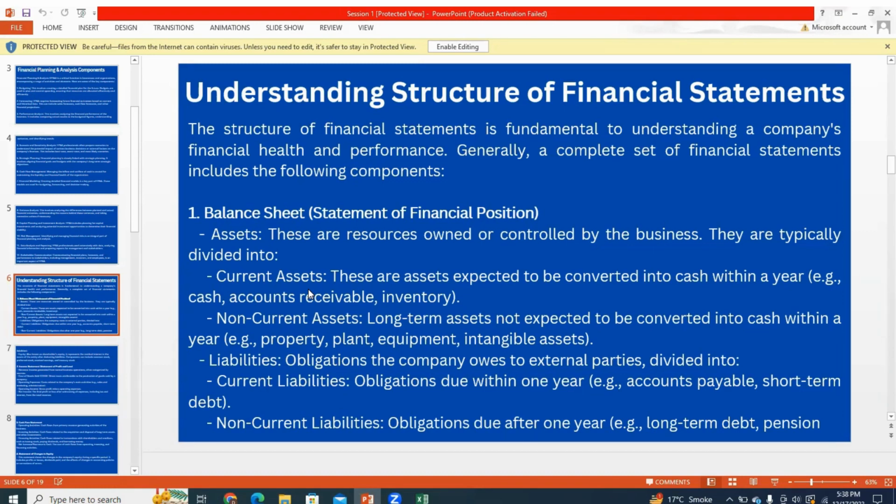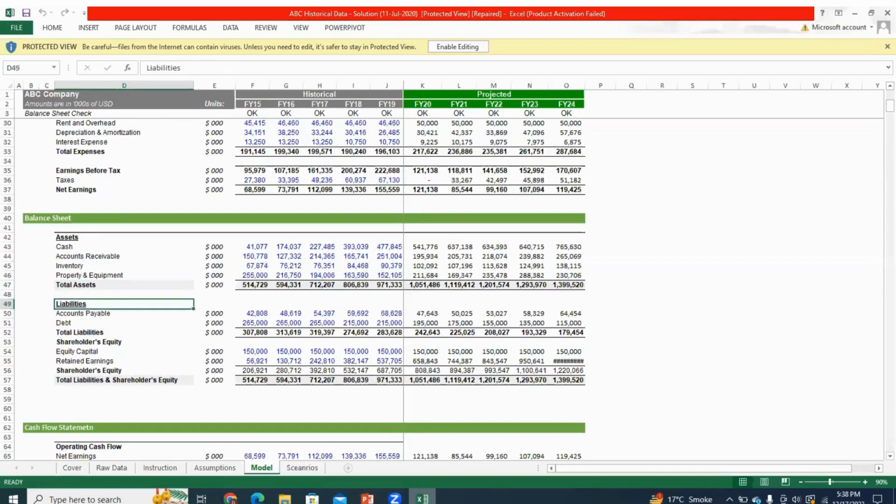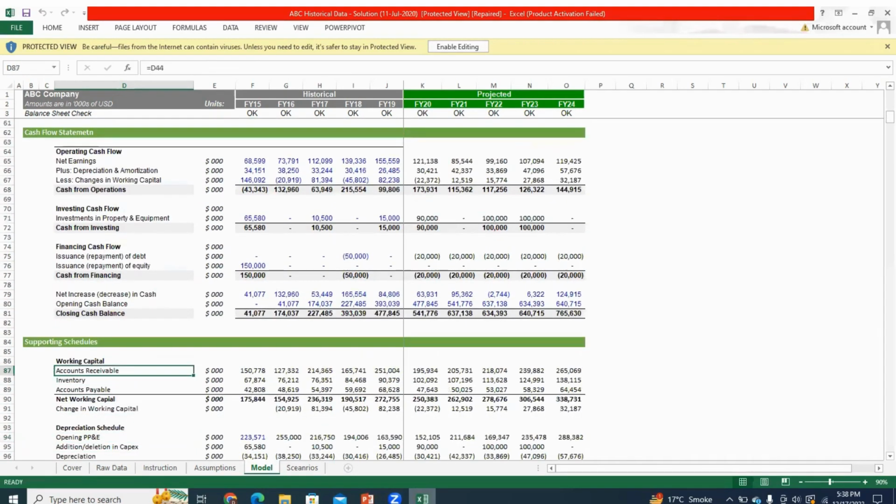Liabilities are obligations the company owes to external parties. See here, I have liability, debt, and accounts payable. I have to pay it. So here you see financing cash flow: I have to pay debt, I have to get equity. So this is the capital planning part. I have to repay debt, which is in negative form.